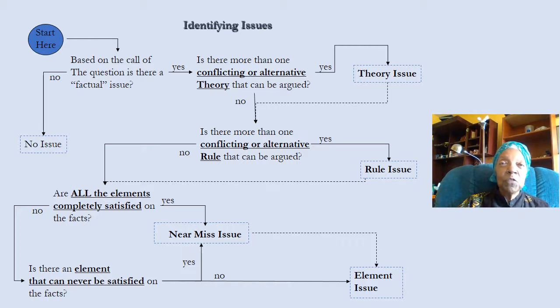If the person went through an open window, and the state requires that you actually break a window or break down a door, then that element, breaking and entering, can never be satisfied because they went through an open window.